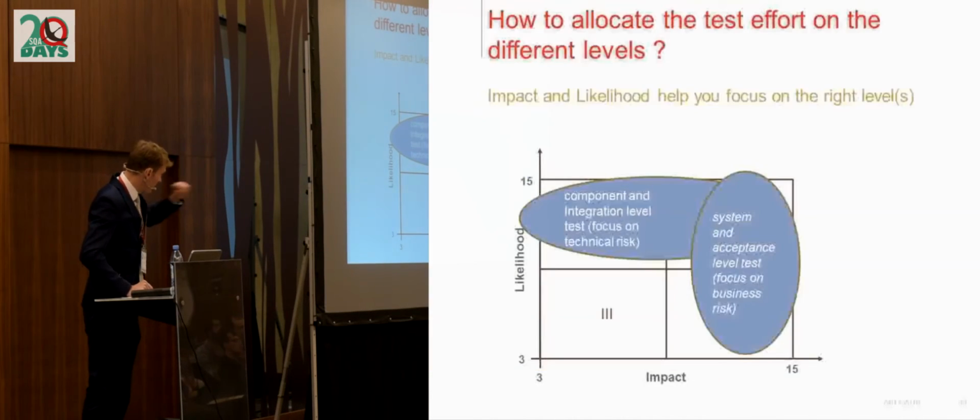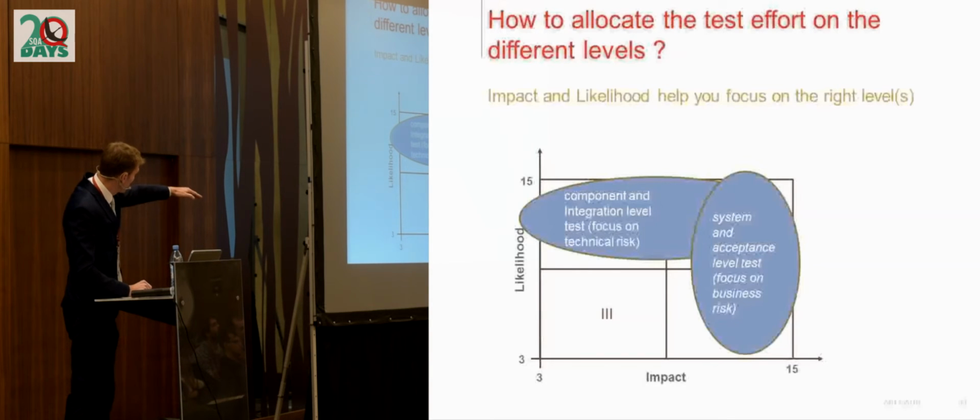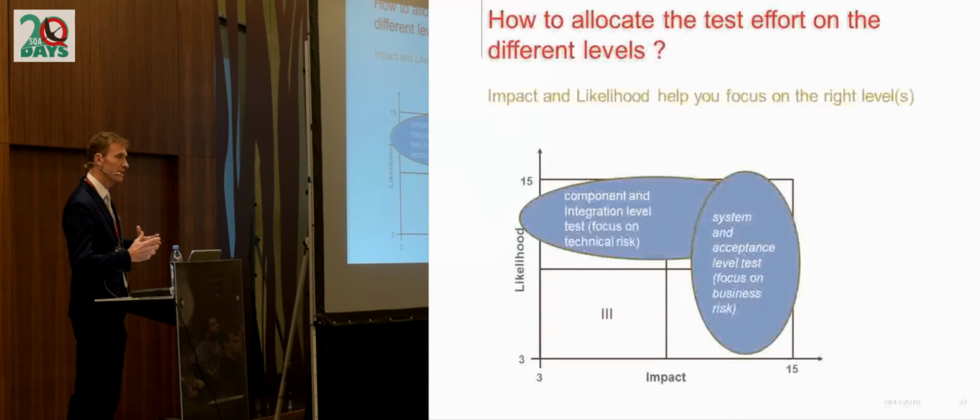For example, what we can see here is that when the likelihood is very high, you will put some effort at the lowest testing levels, at the component and integration levels, because the risks are supposed to be very technical, so they will be addressed early in the process by technical guys.